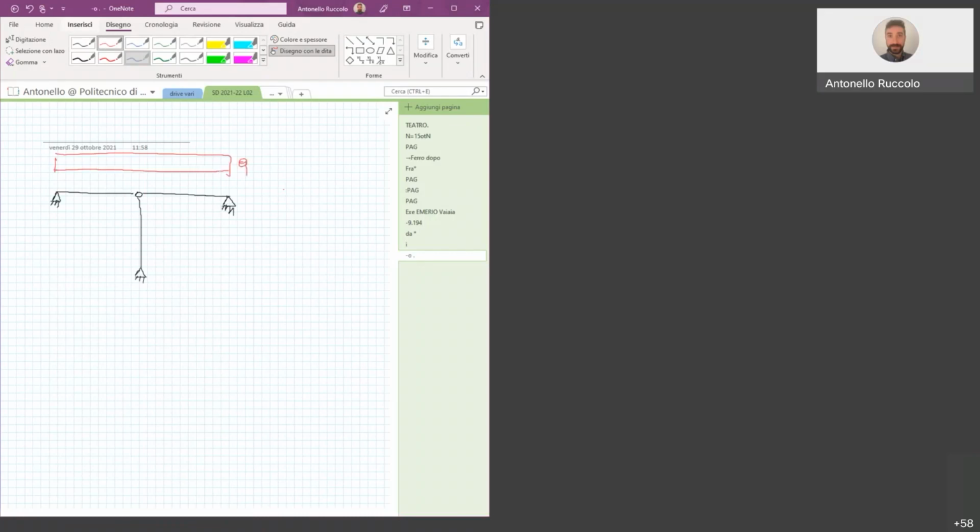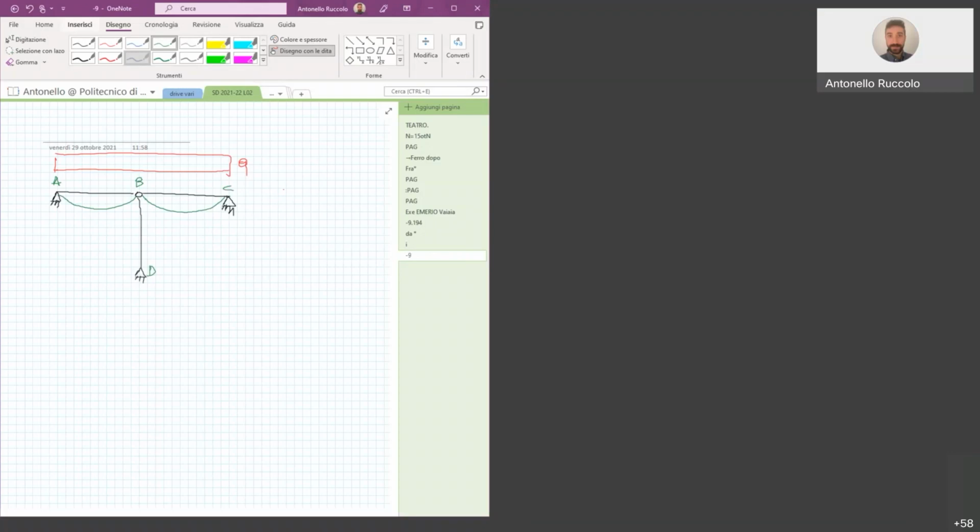Okay, the vertical distributed load Q. The deformed shape will be obviously like this. We have no vertical displacement of the node. Let's give our names. The node B does not undergo any horizontal displacement because both AB and BC beams are rigid.